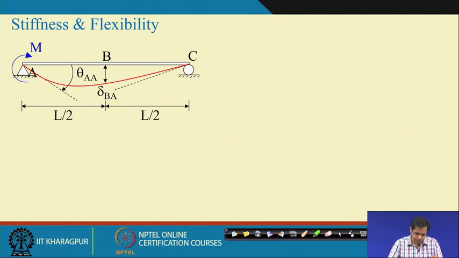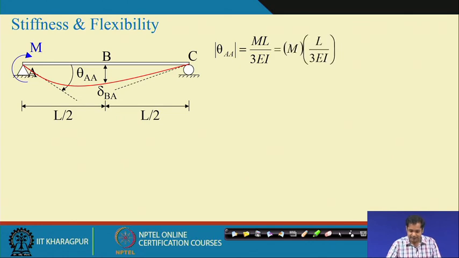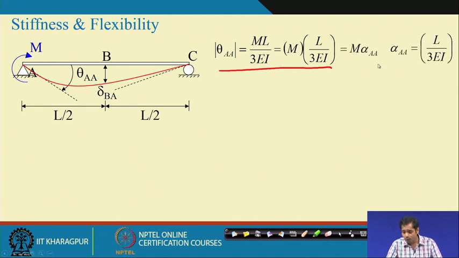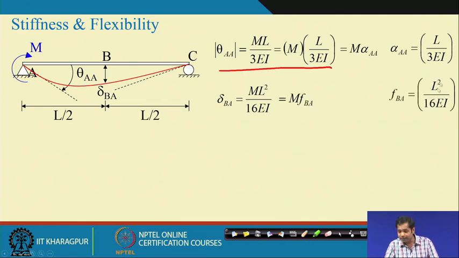One is just the moment applied to this, and theta A and m are related with this, and suppose that is written as m into alpha A, where alpha A is equal to L by 3 E I, and again delta BA, which is the displacement at B, is equal to m L square by 16 E I. Again we can write it as m into F BA, where F BA is equal to this.